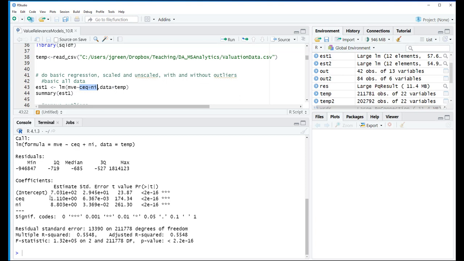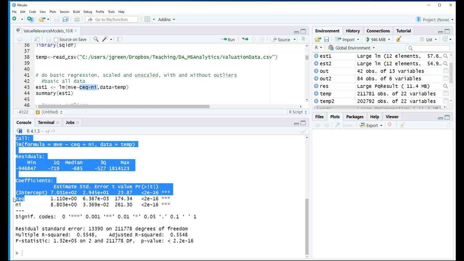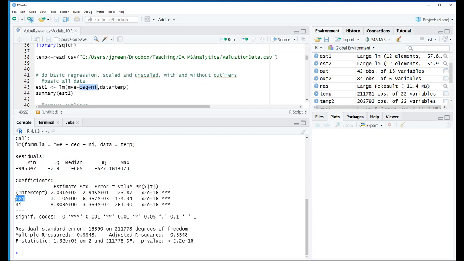Well, here we have the coefficient on book value of equity is near 1. So that means in general, if you have $1 more of equity in your accounting balance sheet, you have $1 more of equity in the value in the stock market.